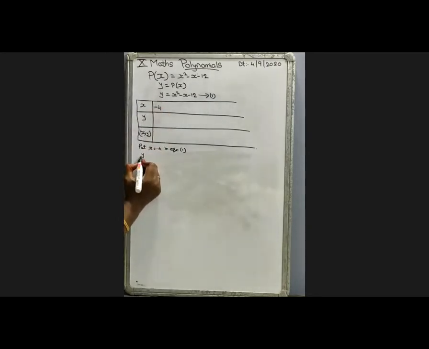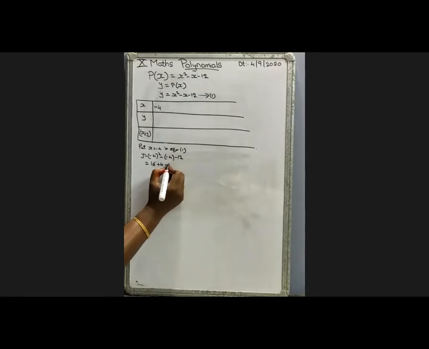So y equal to (-4) whole square minus of -4 minus 12. 4 square how much? It is 16. And here minus square means again it will come positive. So this is 16. Minus of minus 4 how much? Plus 4. And this is minus 12. So now count, this is 20 minus 12. How much will it come?